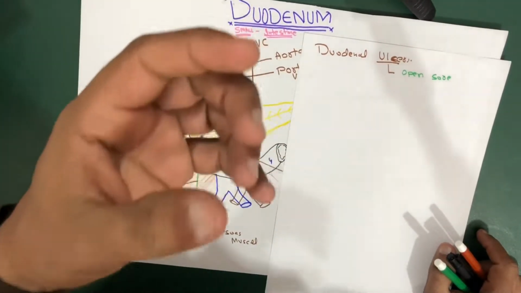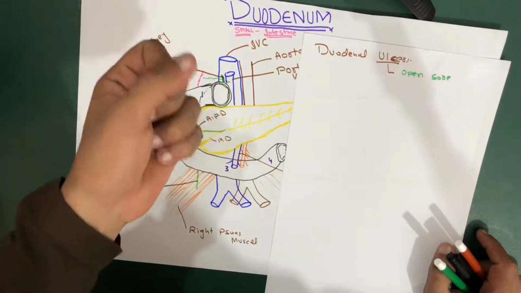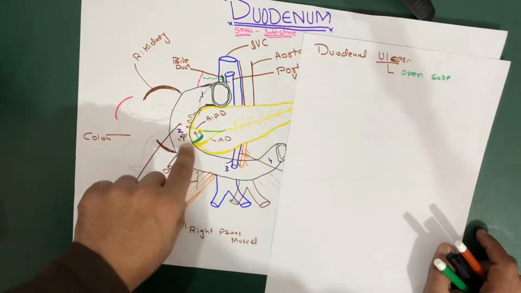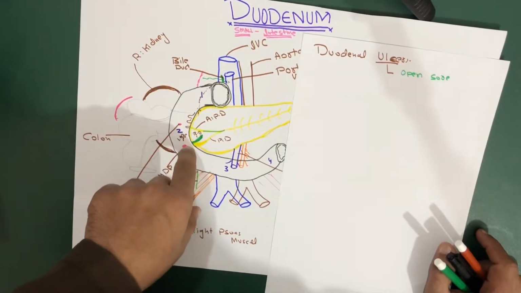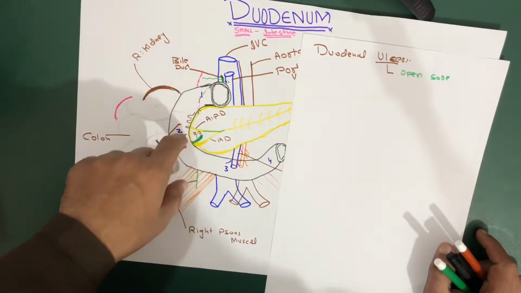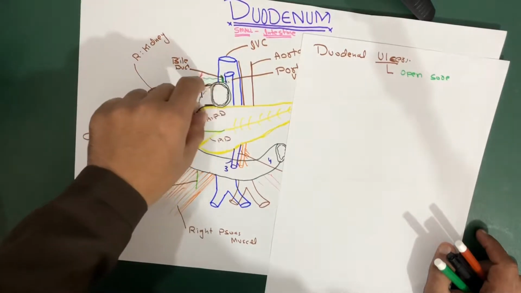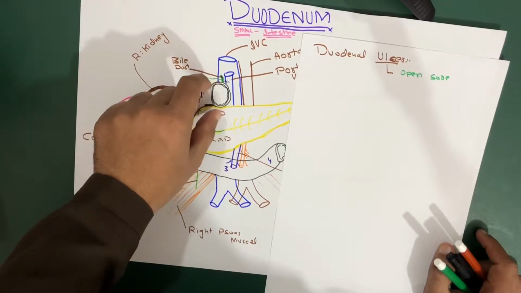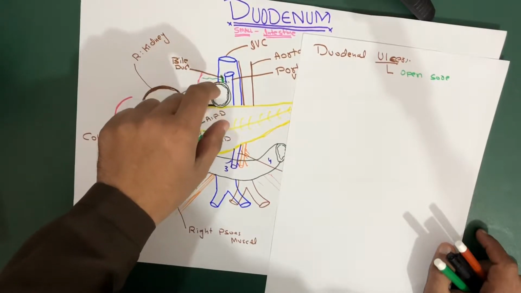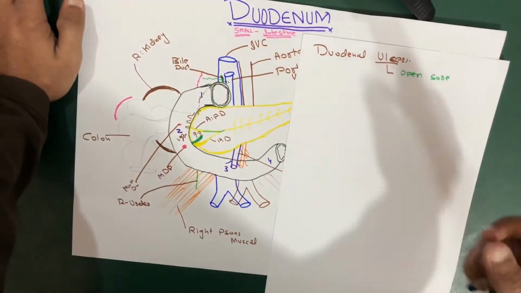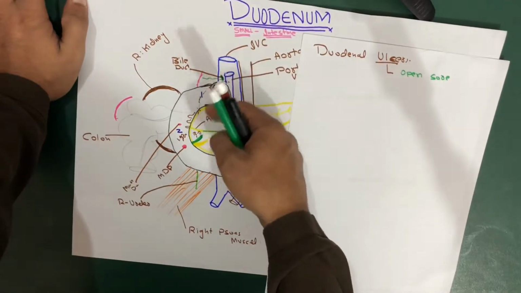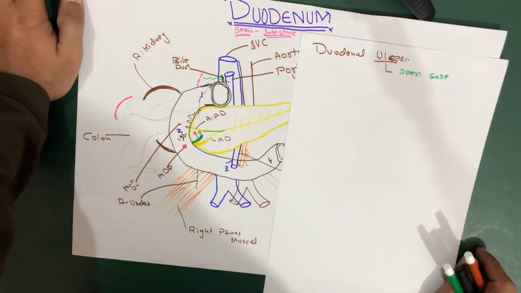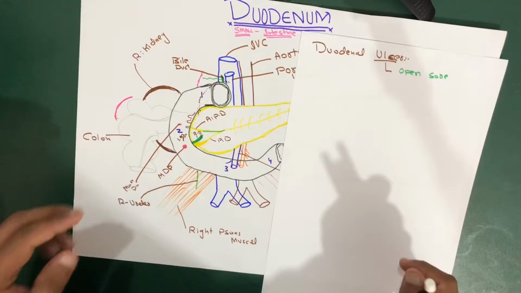To make it neutral, we add bicarbonates. But before it is neutralized, it has to cross this first part, and over here we haven't got any base to neutralize the acidic chyme. So the acid coming from the stomach affecting this area usually causes the duodenal ulcer.